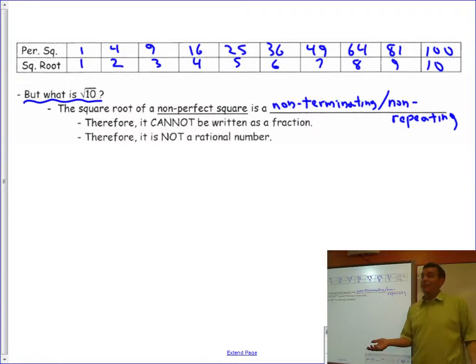So, as we learned last section, because it's a non-terminating, non-repeating decimal, it cannot be written as a fraction. So it's not a rational number. In fact, there is no exact answer.